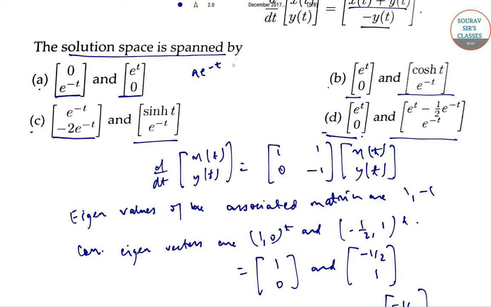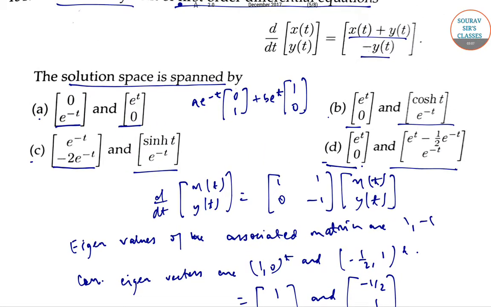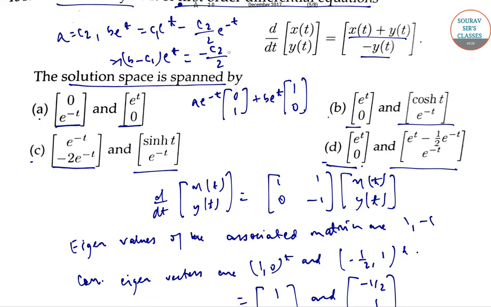So now for option A, the span of the given vectors is a e^-t (0, 1) plus b e^t (1, 0). On comparison, we get a is equal to c2, and b e^t is equal to c1 e^t minus (c2/2) e^-t, or (b - c1) e^t is equal to -(c2/2) e^-t.